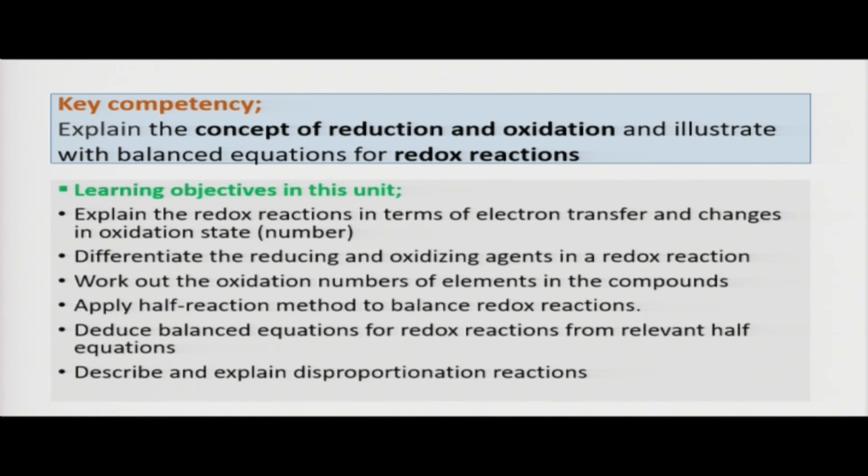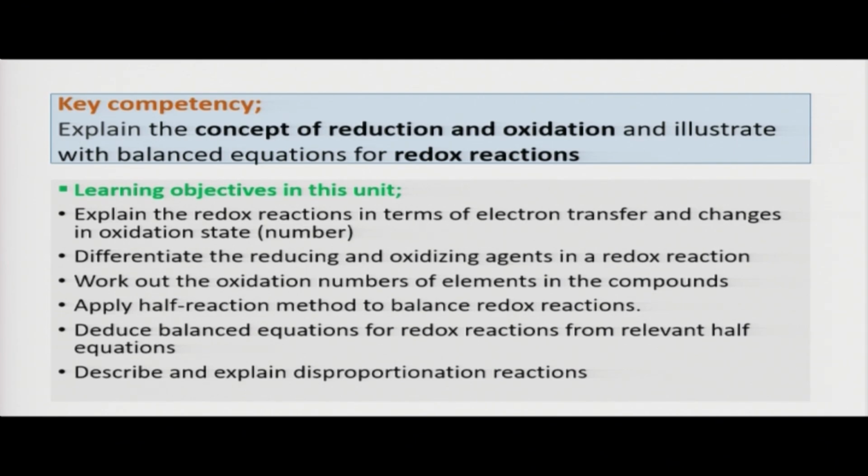And with that as the key competence, we have objectives, quite a lot, because this unit is quite wider. So the learning objectives are, if I can paraphrase, you're supposed to explain in details what is a redox reaction, connecting it to the transfer of electrons, distinguish between a reducing and oxidizing agent as it regards to redox reaction, work out different oxidation numbers or oxidation states from which you can tell which element has been oxidized or reduced.